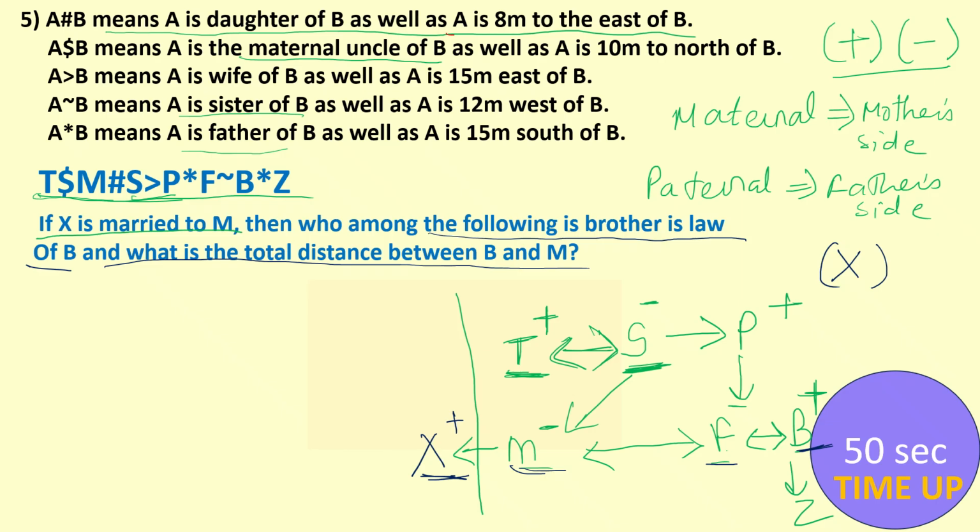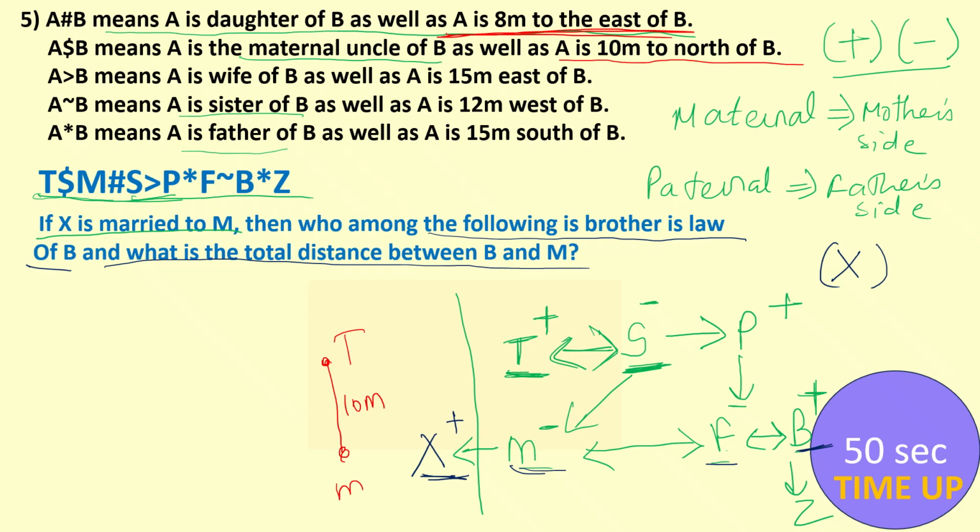Now see only this. T dollar M means T is 10 meter to north of M. So T is north of M by 10 meter.